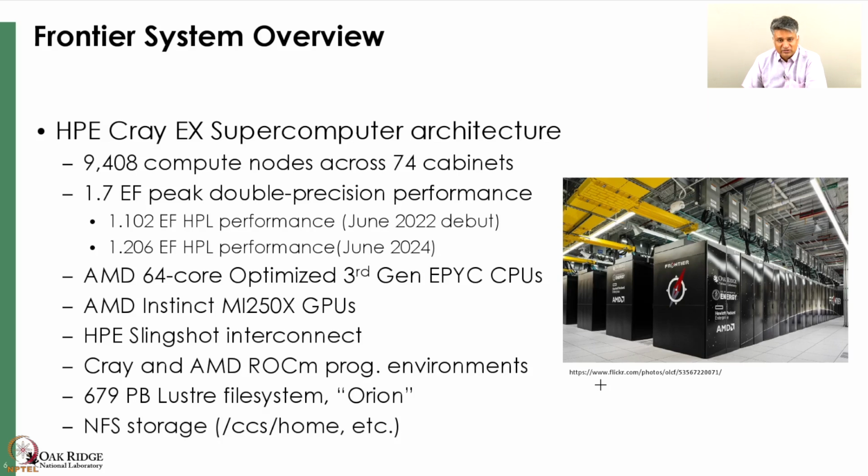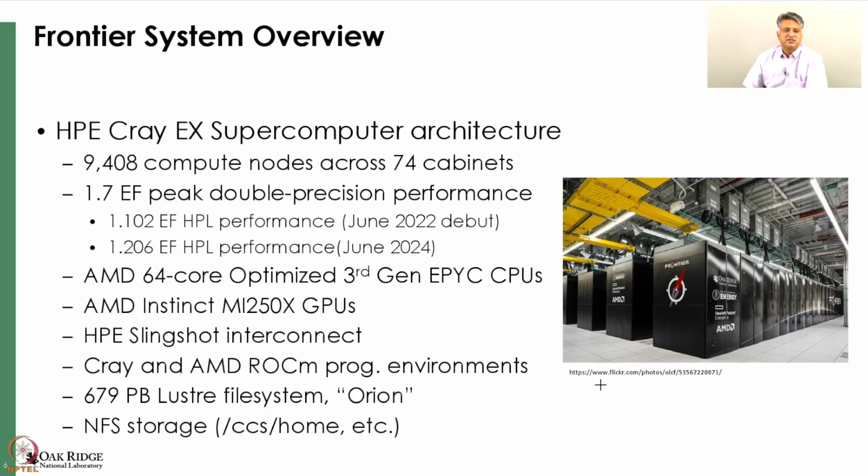The peak performance in double precision calculation for this machine is about 1.7 exaflops. This has been measured using different benchmarks, and the last measurement was done in June 2024, where it reached about 1.2 exaflops using the HPL performance benchmark.